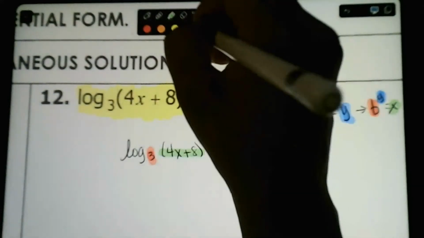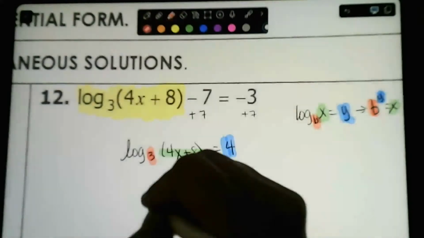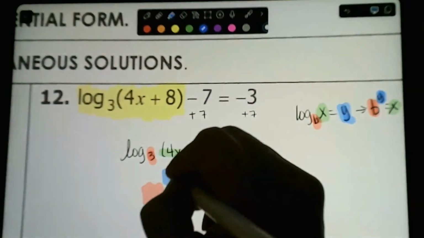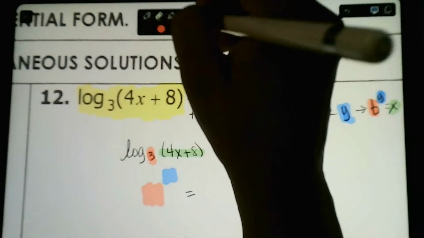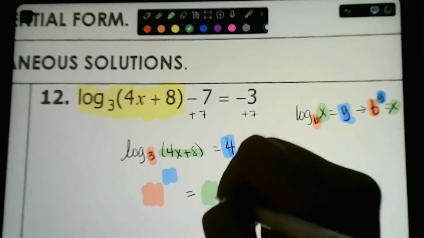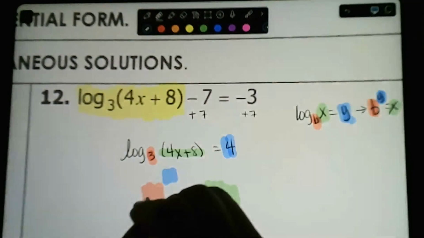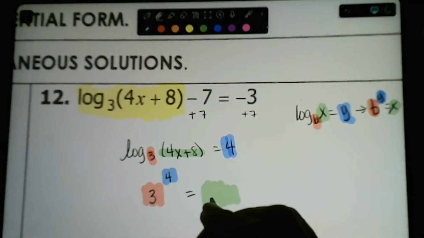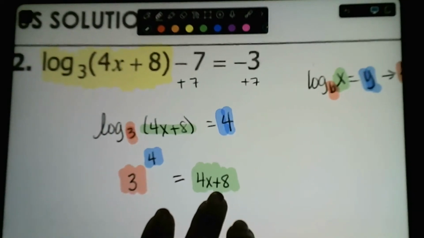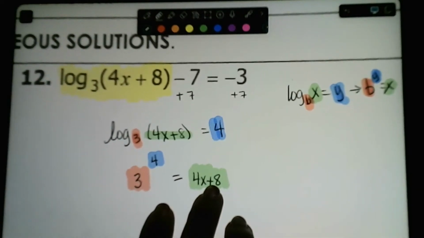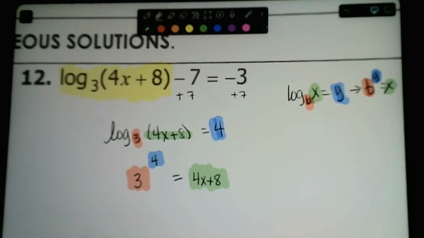Okay, so we're going to swap that out for the base being raised to a power equals the stuff I was taking the logarithm of. There we go. So the base is 3, the exponent is 4, and the stuff I was taking the logarithm of is 4x plus 8. And then I would solve that standard equation. Nothing too complicated. The numbers just get a little big with those exponents.